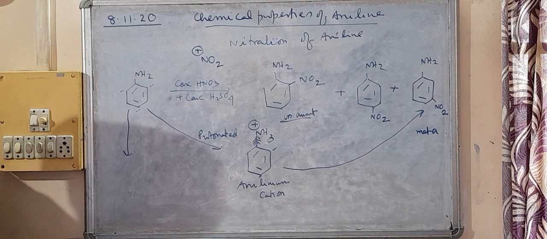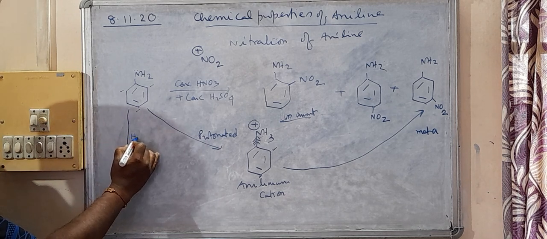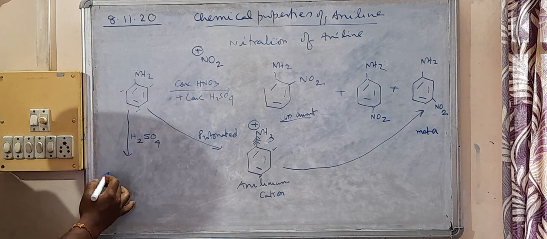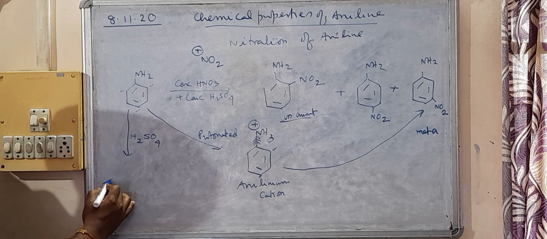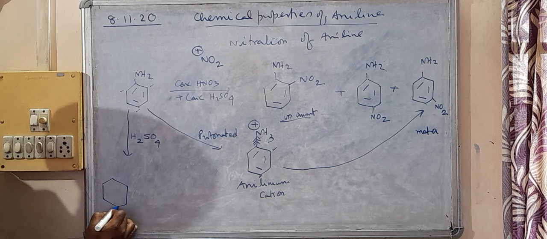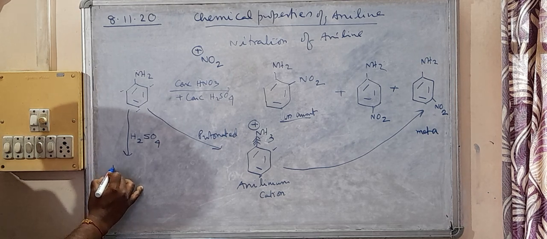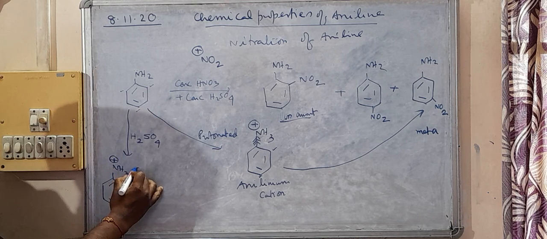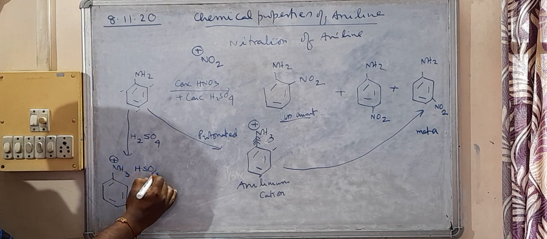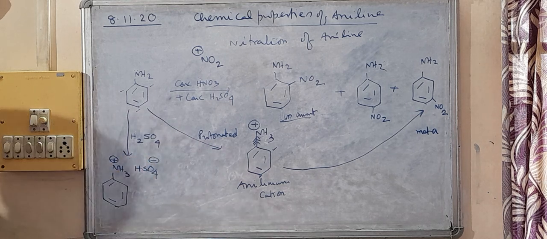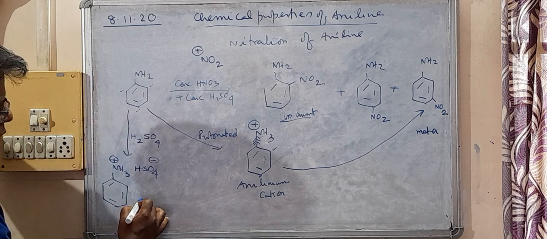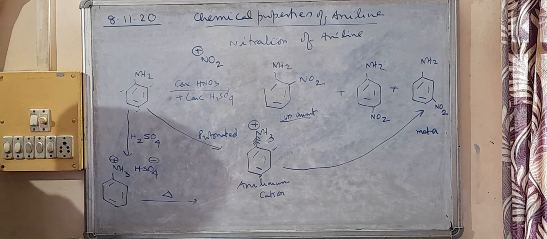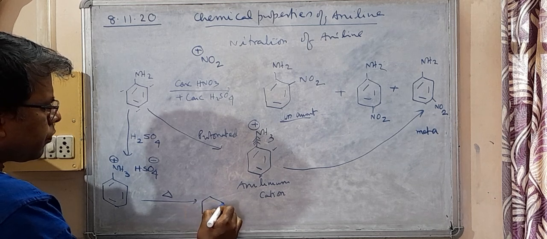You know, for sulfonation we need concentrated sulfuric acid, and initially we get this product, and then on heating there occurs a rearrangement, and we get ultimately this as the product.